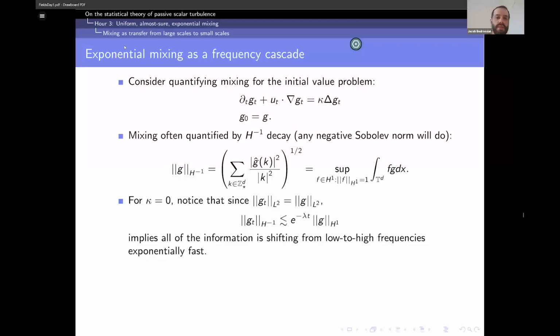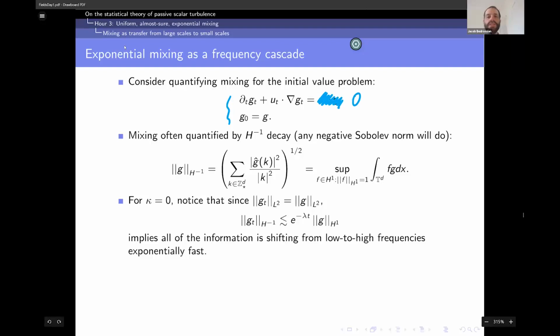So let's just think about the initial value problem of advecting a passive scalar. You want to understand what mixing quantifies. There are many ways to quantify it. The most convenient way, I think, which is pretty much always the most convenient way, is using negative regularity, like a negative Sobolev space. And the reason why this is easy to think about is, imagine this term is not here for a second.